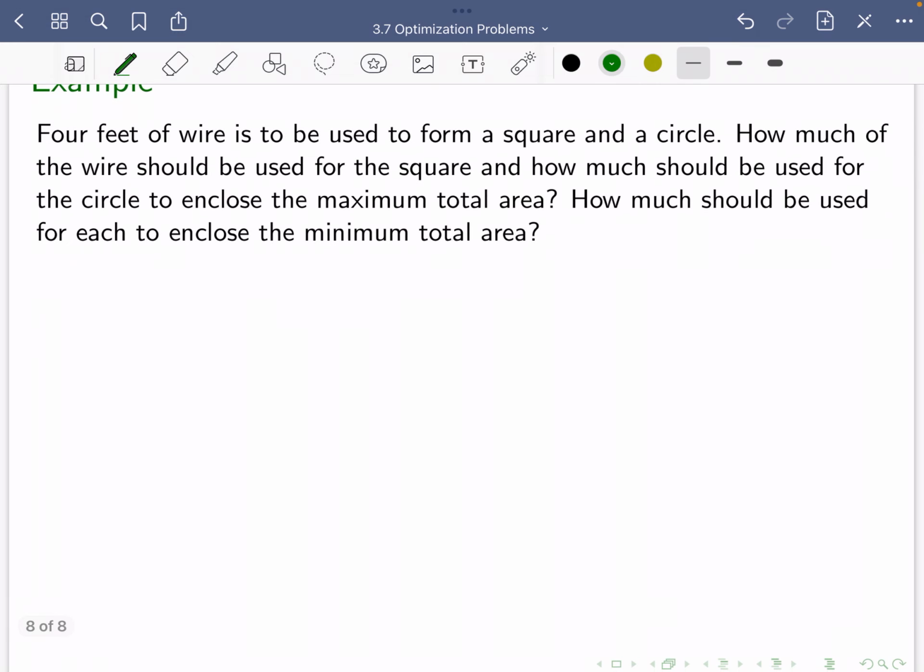If that is our radius, then what is our value of x? Right. So our value of x is 1 minus pi over 2 times that radius.